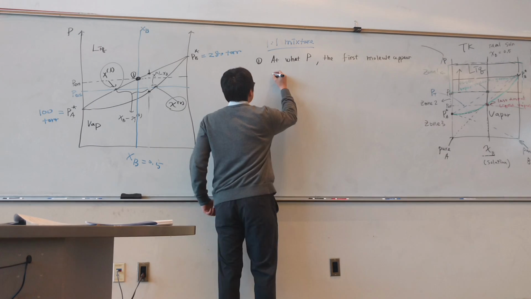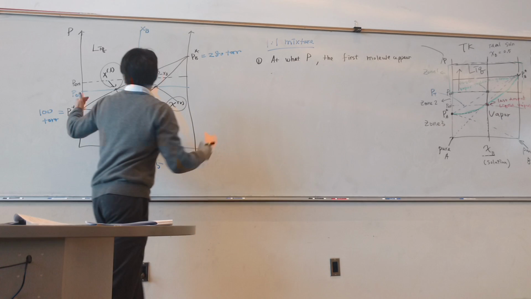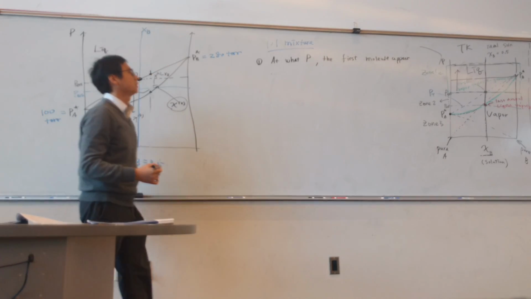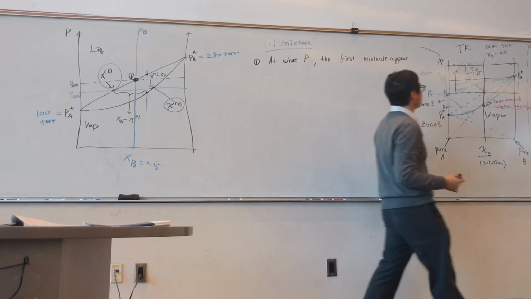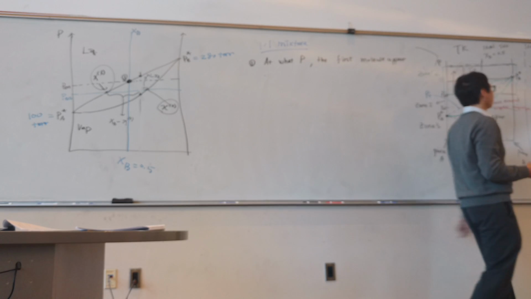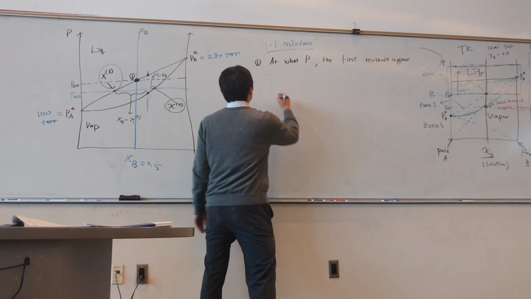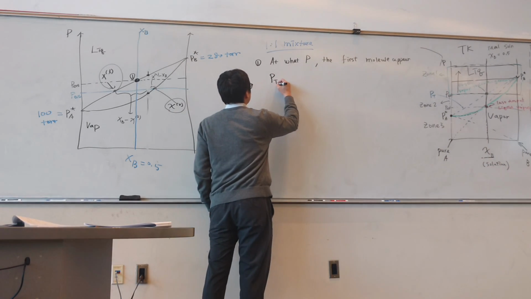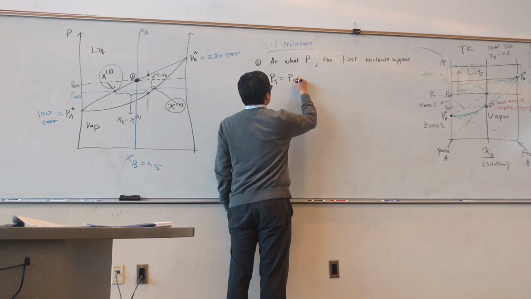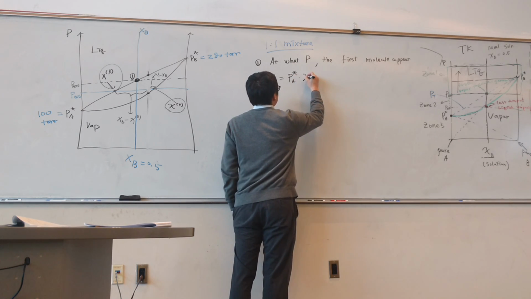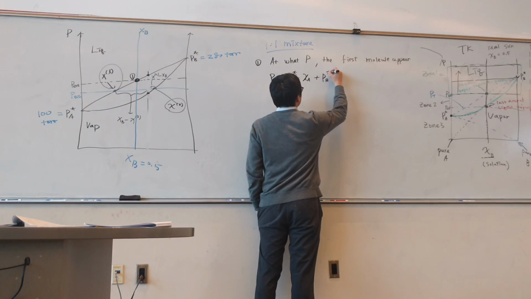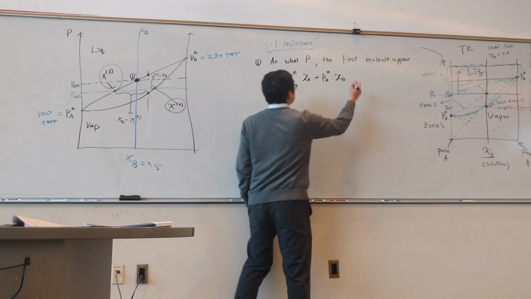The thing you need to remember is that since this curve represents the ideal solution, we know you can write your P total as this. Your P total equals PA star times your XA plus your PB star times your XB.